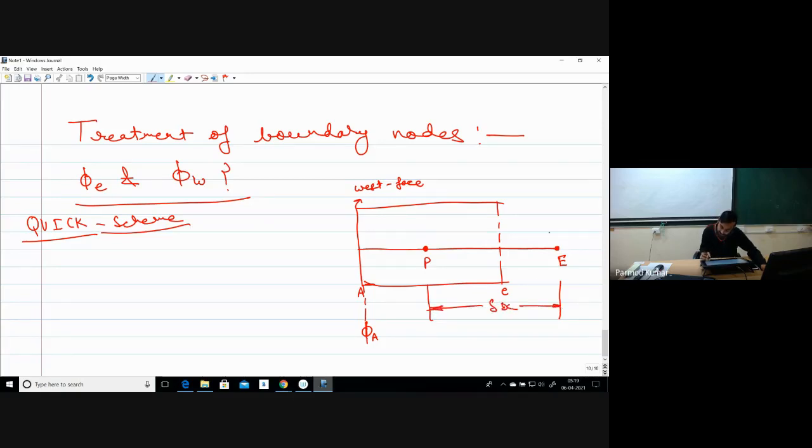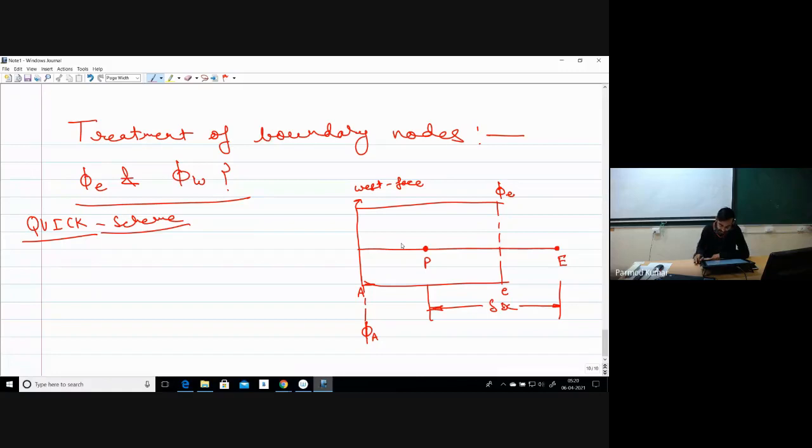You can see over here, I have one node in the downstream direction, and in the upstream direction I am only having one node. I do not have another node available to apply the QUICK scheme and estimate the value of phi at the east face. If I don't take the participation of two nodes in the upstream direction, then my order of accuracy at the boundary node will be lost, and there will not be any benefit of using the QUICK scheme for the intermediate nodes, because we have already lost the order of accuracy at the boundary nodes.